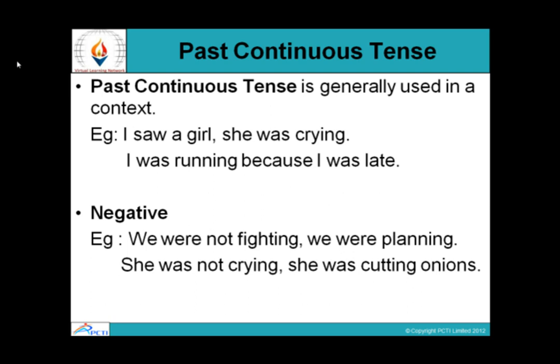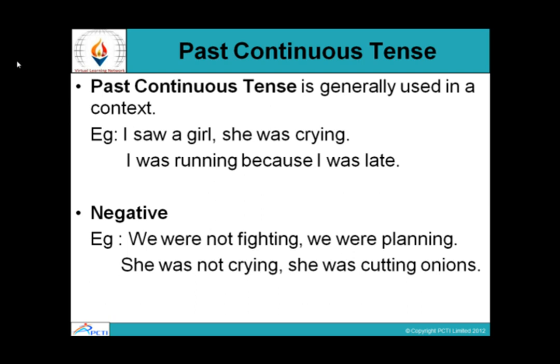Why were you running and where were you running? But if I say I was running because I was late, it makes total sense. At a particular time in the past I was running, and why was I running? Because I was late. So past continuous tense is generally used in a context.